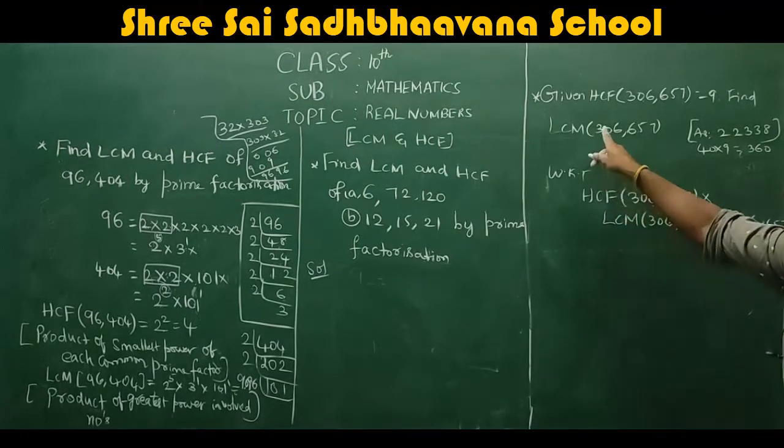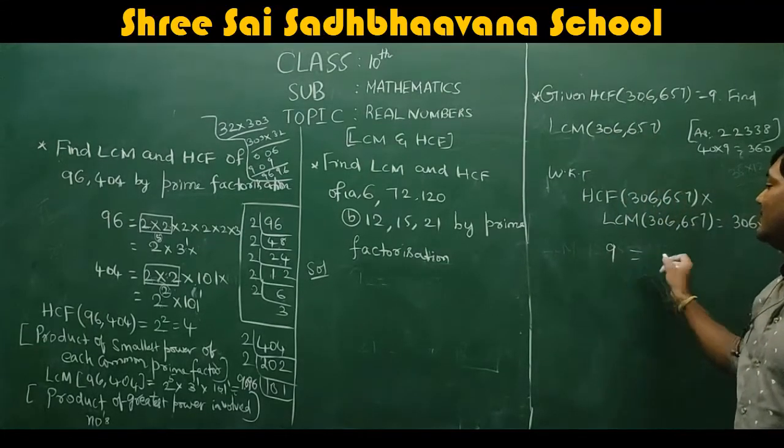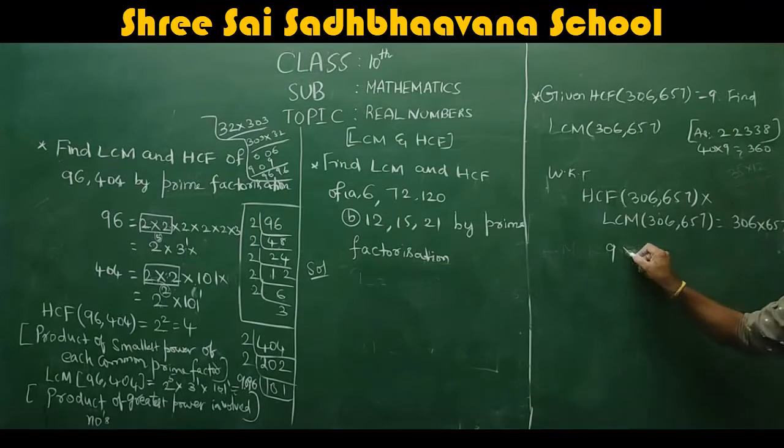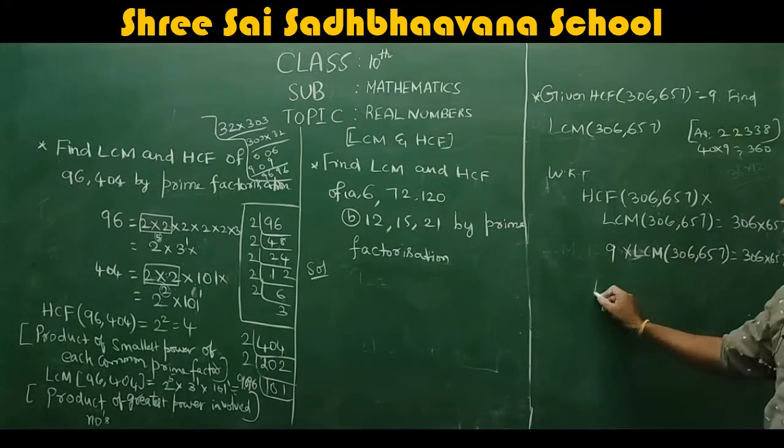So here we have to find LCM and HCF is given. What is HCF given? 9. 9 into LCM of 306, 657 is equal to 306 into 657.